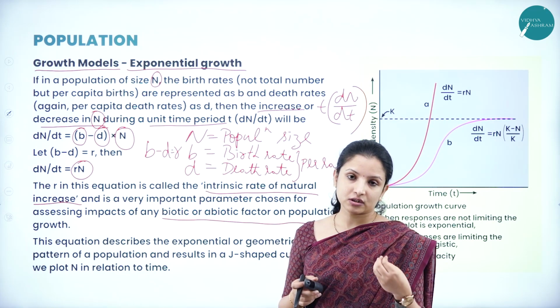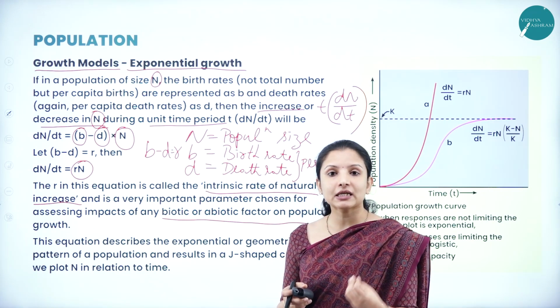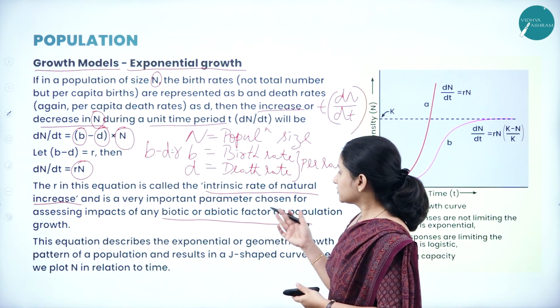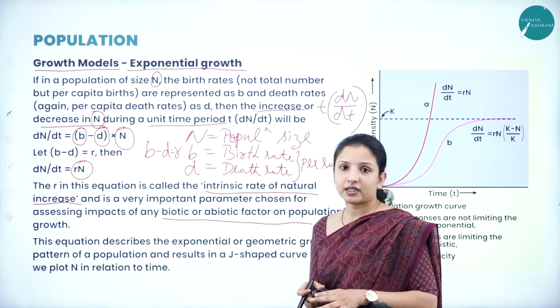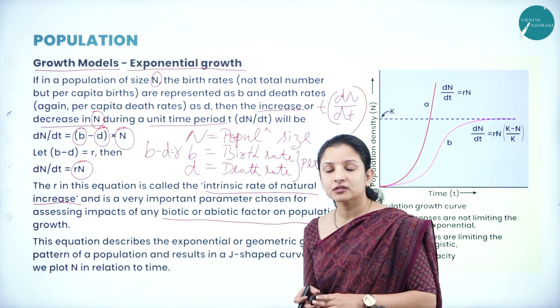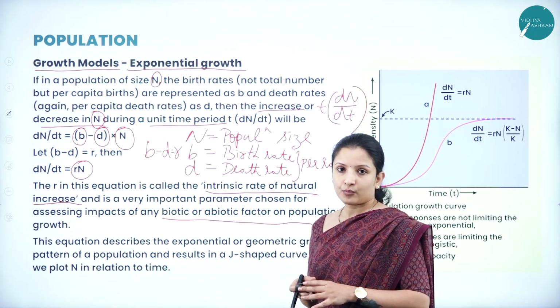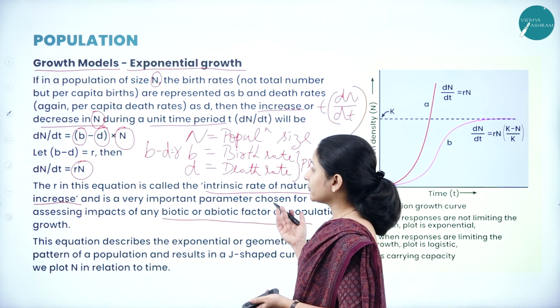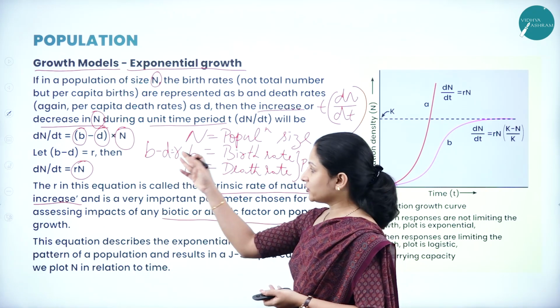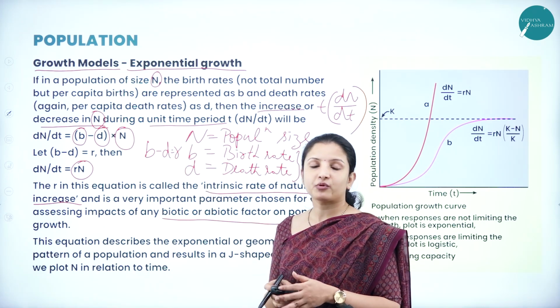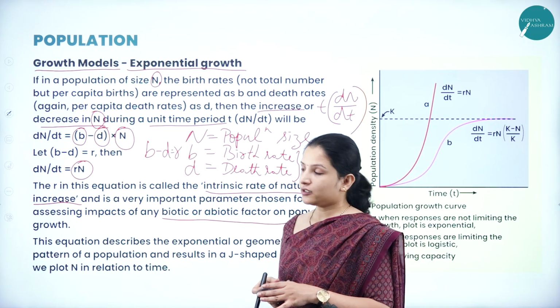Flood might have caused the death of individuals, resulting in a decline in the population. And also various biotic factors can contribute to the increase in the population. So using various parameters and the equation dN by dt, the population density can be calculated.